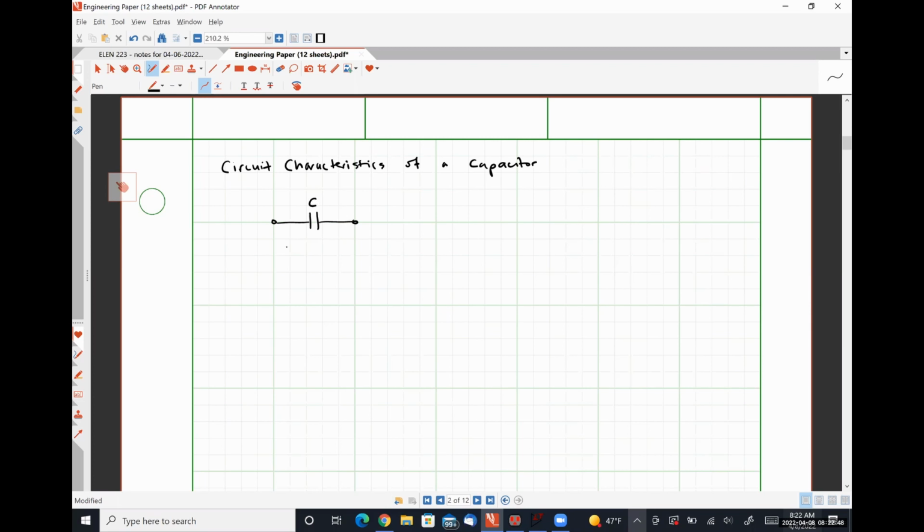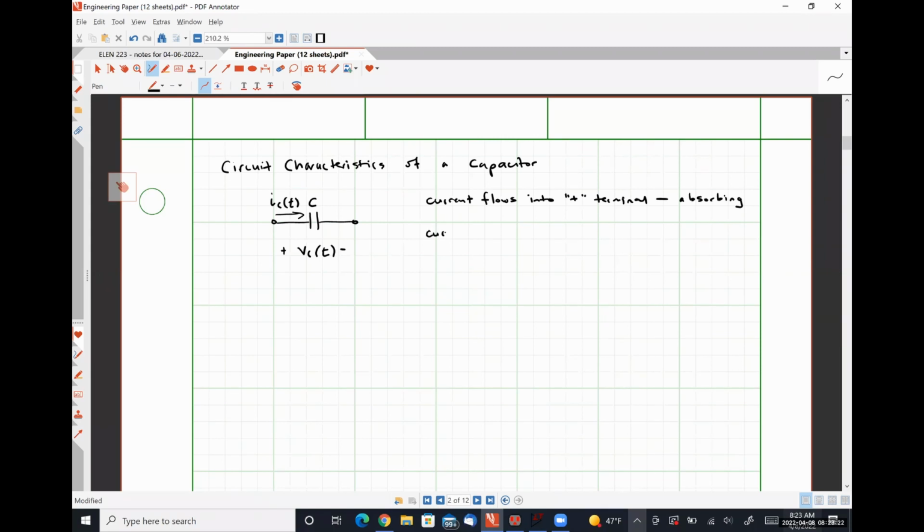Capacitors obey the passive sign convention. So if we have a capacitor voltage VC of t with this polarity and a current IC of t flowing in, then if current flows into the plus terminal, the capacitor is absorbing power.